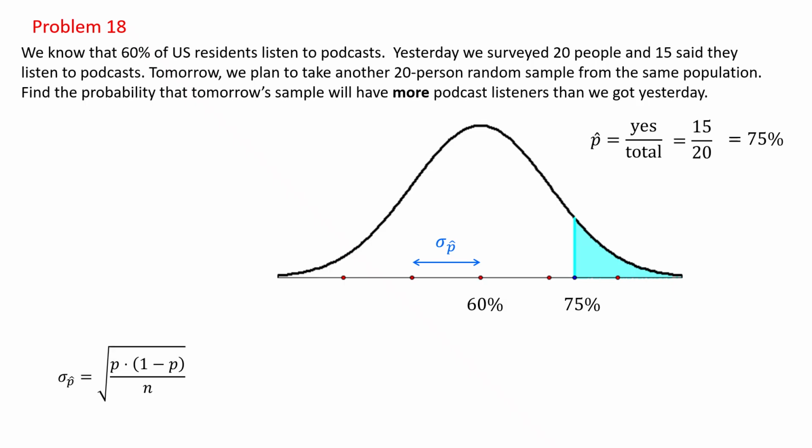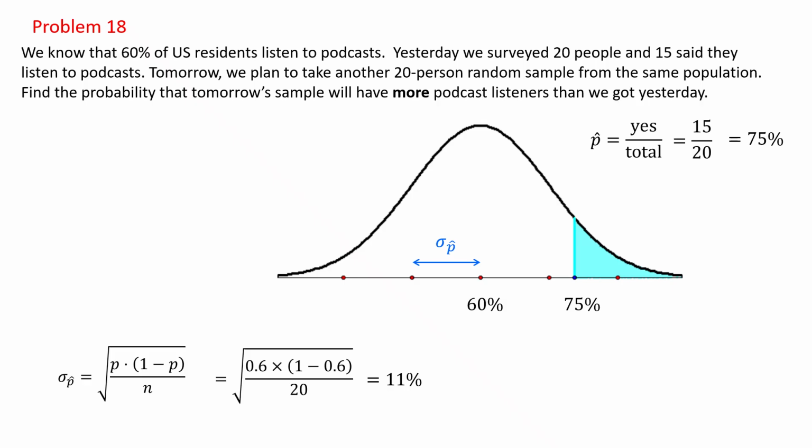Here's the formula for sampling standard deviation. Notice that we have p here, not p hat, which is the population proportion. So p is going to be 60%, and of course our sample size is 20. Plugging all that in gives us approximately an 11% sampling standard deviation. Back to the blue area.